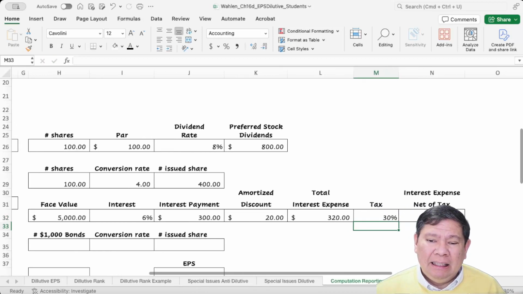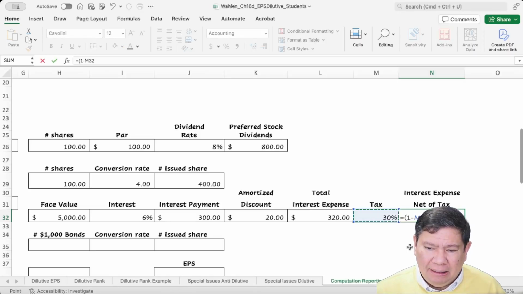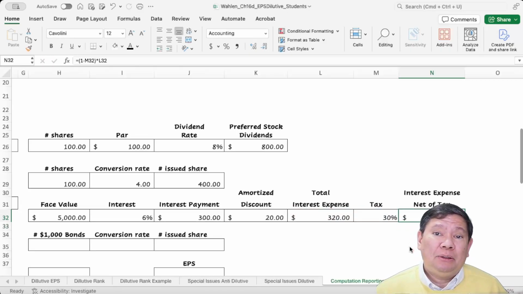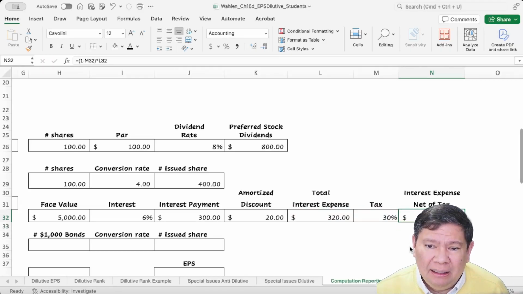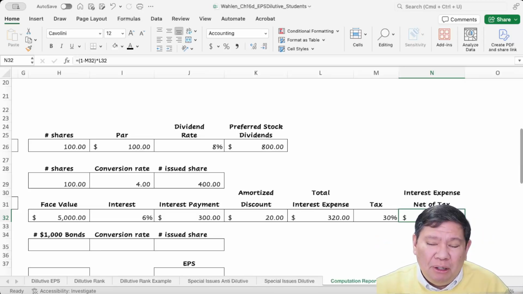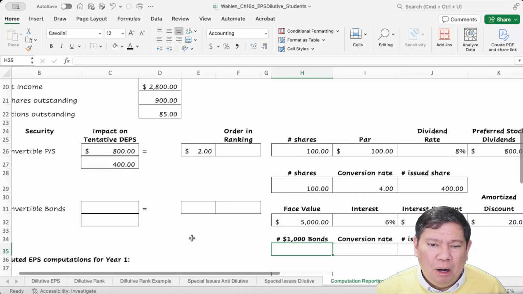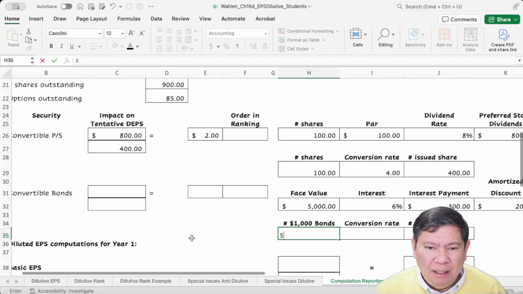The net interest for the company is 1 minus tax rate times 320. So 224 is the real interest, because you have to pay interest of 320, but you save your tax by 30%. So net of tax is 224.